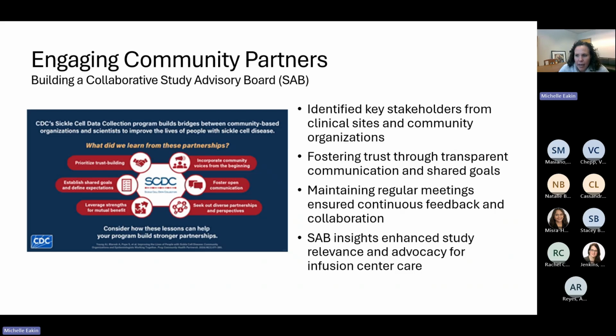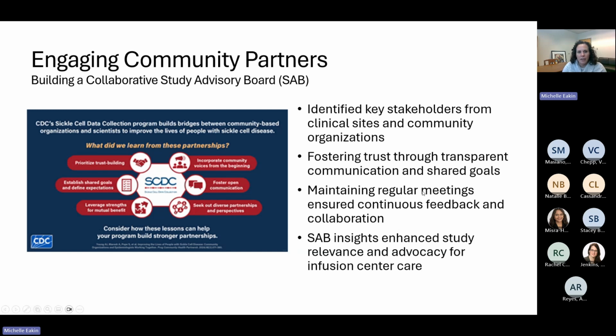So the CDC has put together information on the importance of community partnerships and building bridges, and a lot of their recommendations for sickle cell match a lot of the principles I've already gone over: identifying the key stakeholders, fostering trust, regular meetings, continuous feedback, and having a reciprocal sharing of information.